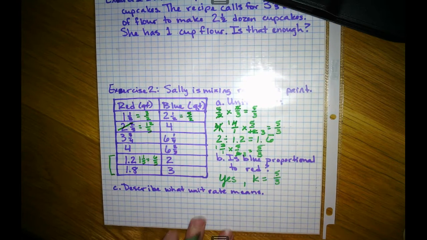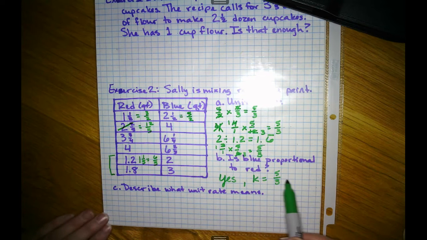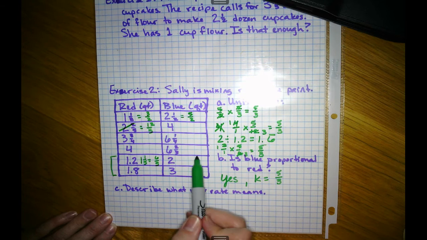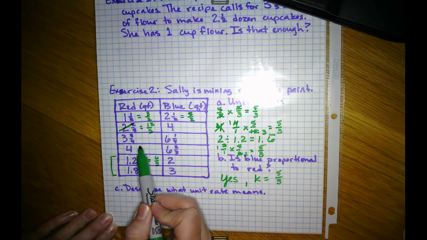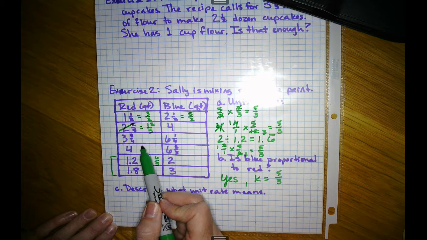Now, what does this unit rate mean in the context of this problem? What does 5/3 mean? 5/3 is the unit rate. It is the amount of blue I have to mix with 1 quart of red.